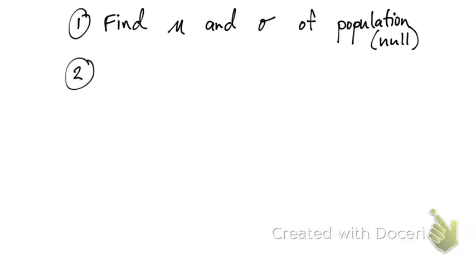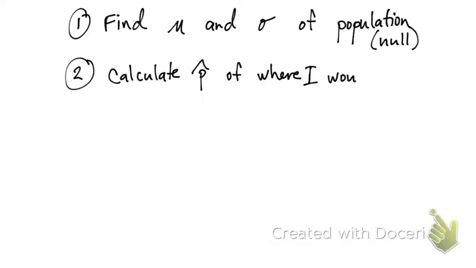The second step is to calculate the p hat of where I would reject. That's when I did the inverse norm of 0.05, using the mean and the standard deviation. So that's calculating the rejection value.